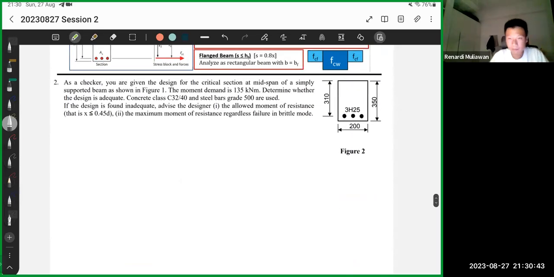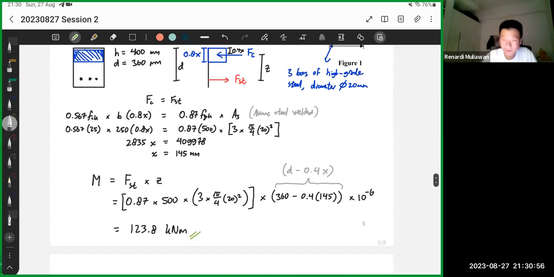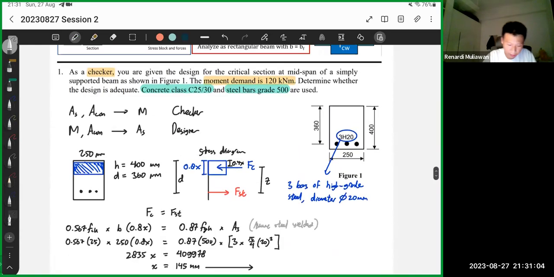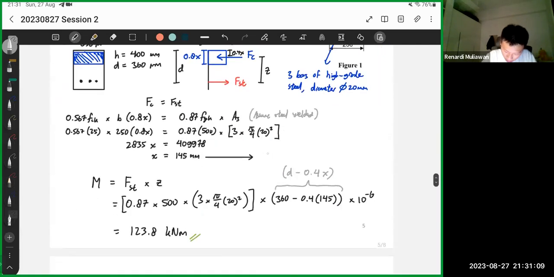For the next question, I purposely use the one that is not yielded, so y'all can know. Oh, by the way, how do you know if the thing is yielded? I forgot to say, before you find the moment, you need to check if the steel has yielded or not. So if it's X145, you need to check with this. 0.617D times D360 is 222.